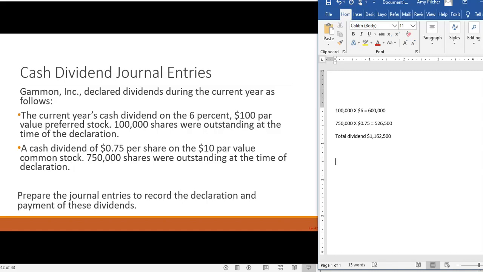On the day that we declare the dividend, we record a liability. That liability comes out of retained earnings. So we're going to debit retained earnings for the amount of our stock or cash dividend. And then we're going to create a dividend payable for that amount.